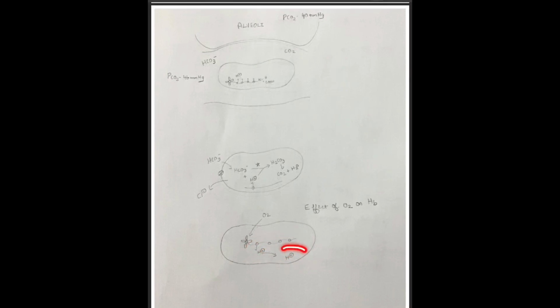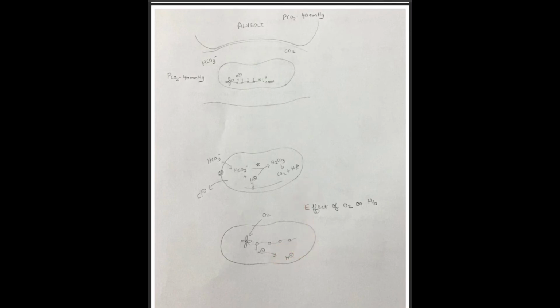This hydrogen ion will remain all alone in the RBC, because of this binding of oxygen to the hemoglobin, the hydrogen ions in the hooks of the globin chain will be removed and stay alone in the RBC. Whenever there is increase in the hydrogen ion in the RBC, there will be more acidic formation.